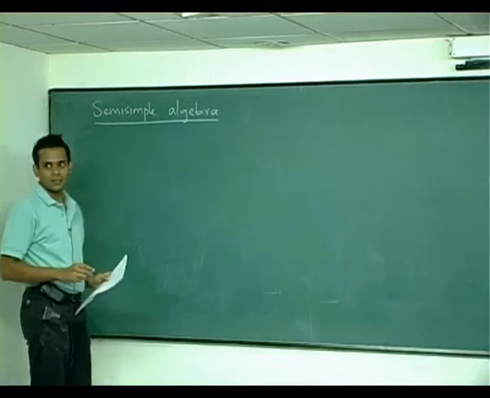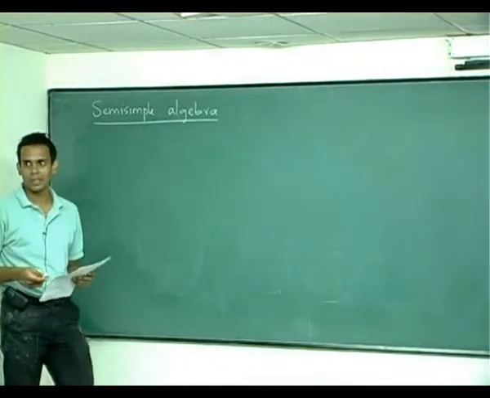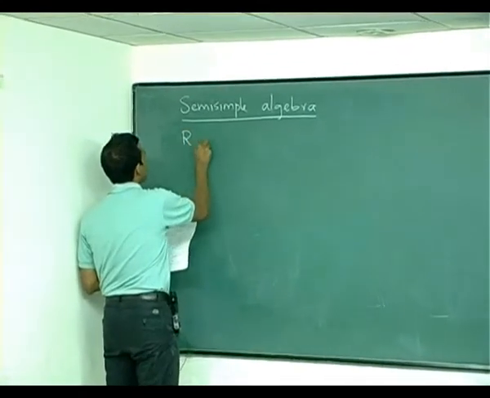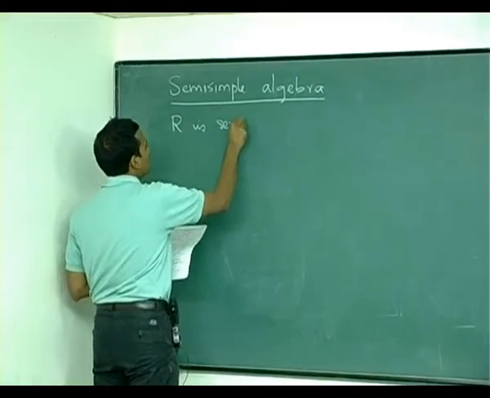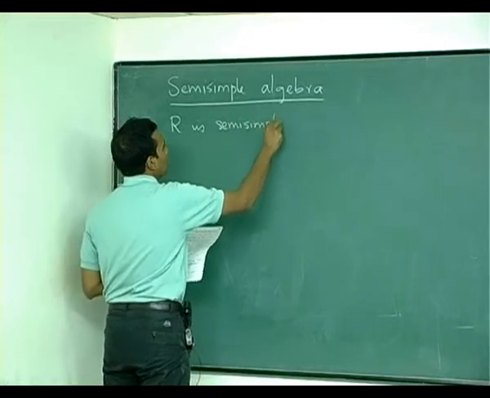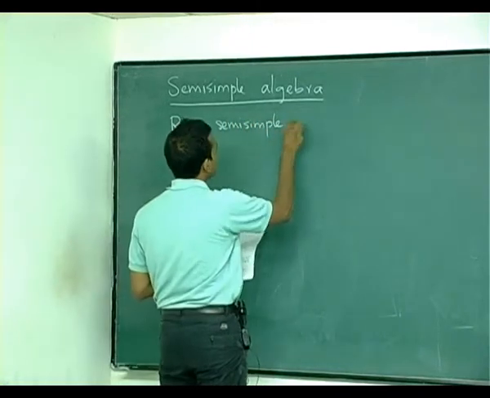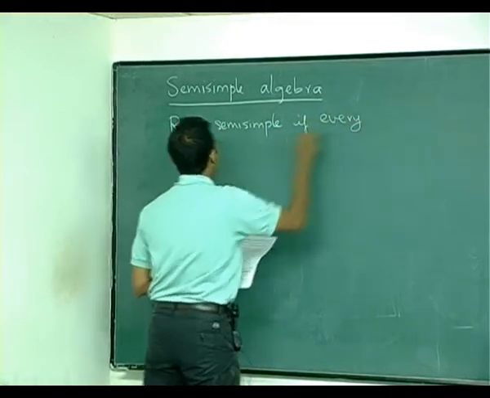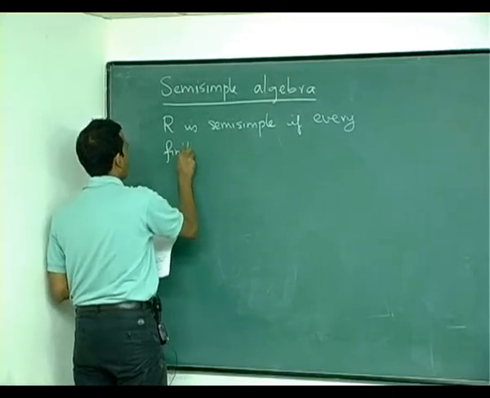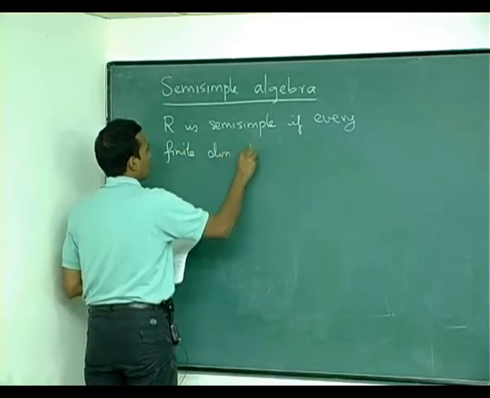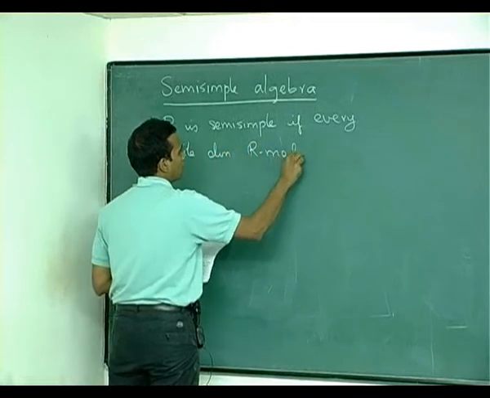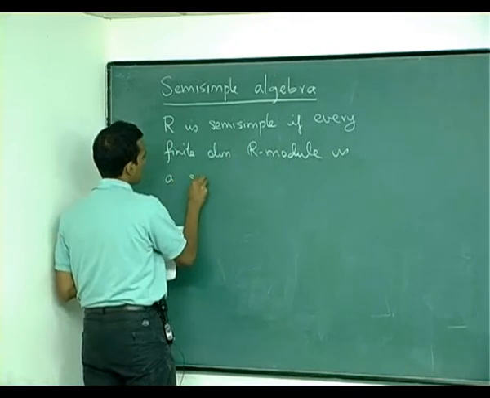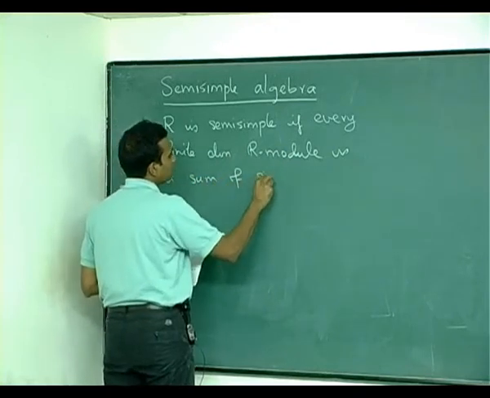Suppose R is a finite dimensional algebra over some field K, then we say that R is semi-simple if every finite dimensional R module is a sum of simple R modules.